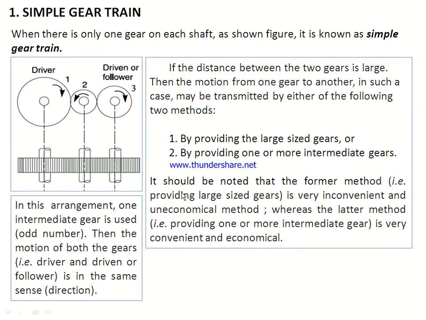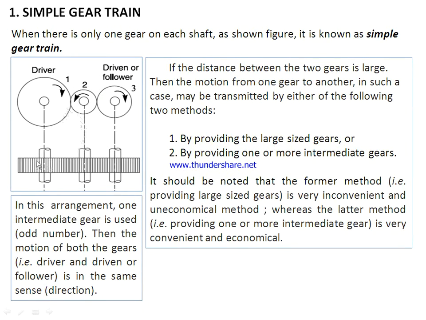Now, the problem with using large sized gears is that the gear train is inconvenient and uneconomical, because if you increase the size of the gears, the cost increases and hence it becomes uneconomical. Whereas the second method, where the intermediate gears may be one or more in number, is a convenient and economical method of transmitting the power over a considerable distance.